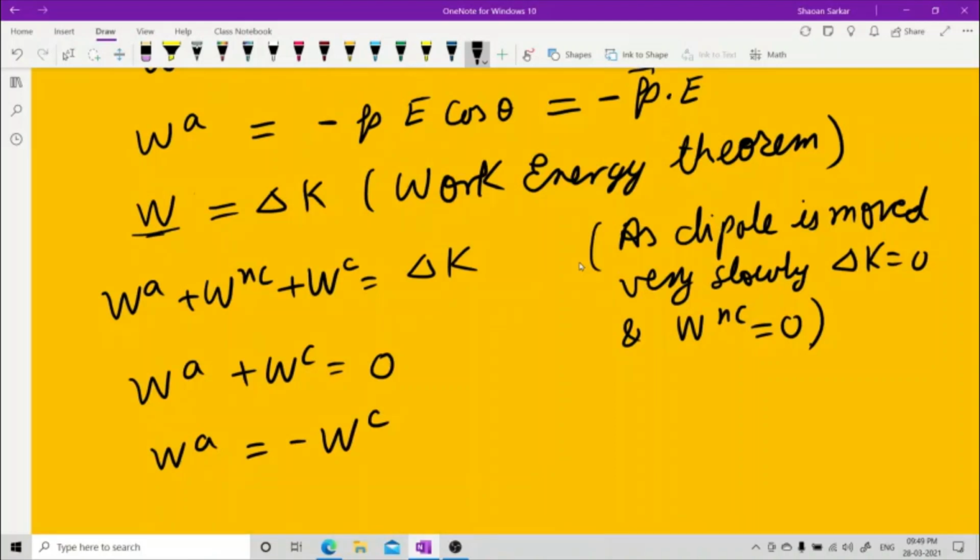W conservative, by definition, is the change in potential energy.